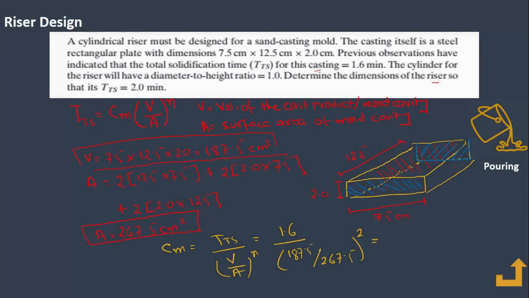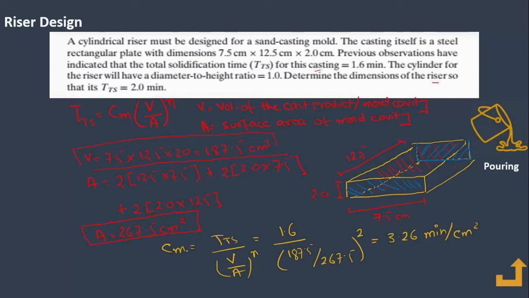If we calculate using the calculator, we will get the answer 3.26 minutes per centimeter square. This is the mold constant for this mold. With these dimensions and the time, the mold constant would be 3.26 minutes per centimeter square.